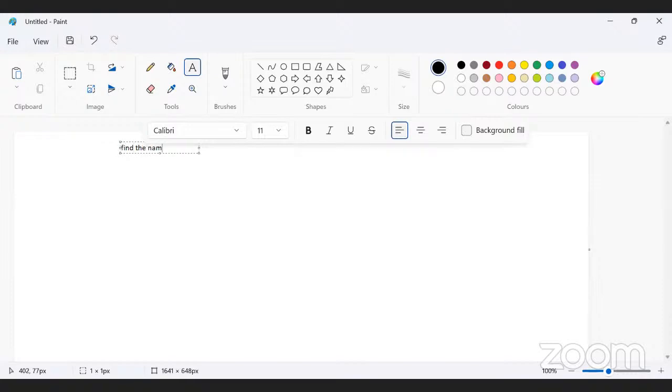Find the name of instructors whose age is greater than 25. Can anyone tell what is the relational algebra expression for this?